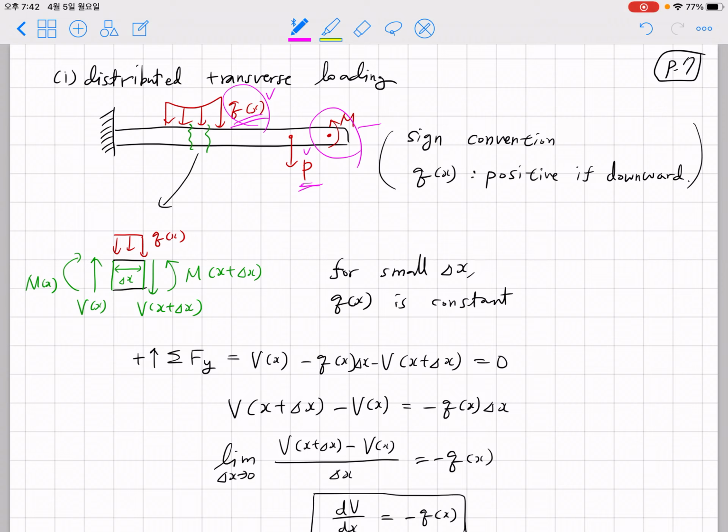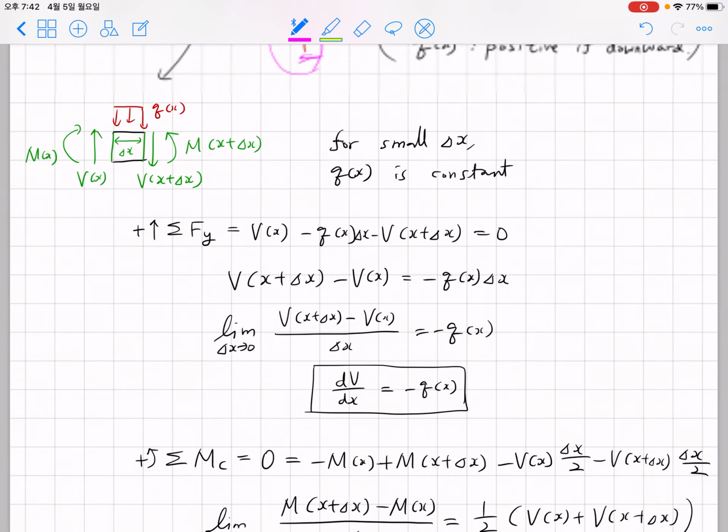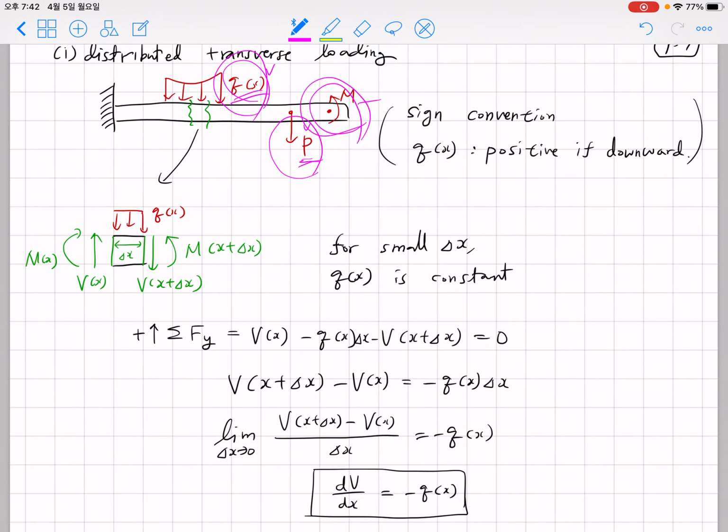Okay, so let's start from the distributed loading first, and then we're gonna move on to point force, and then we're gonna move on to shear moment. So regarding the distributed loading, let's try to take some small volume with delta x. Okay, and for this infinitesimal volume colored here, we can draw free body diagram like this.